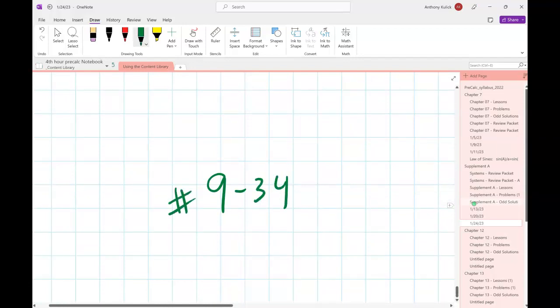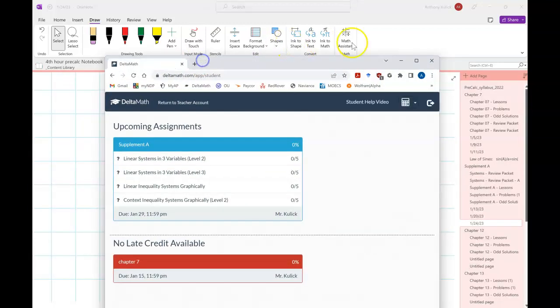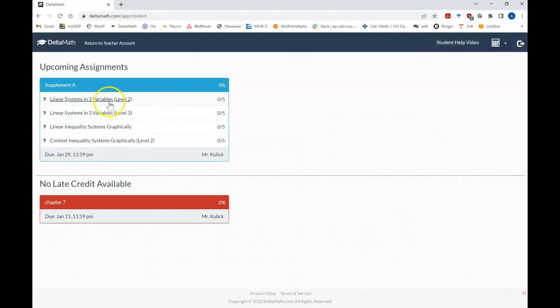So that'll be part of Sundays. And then for the rest of the period, you can either work on the problem set, or we have a Delta Math assignment also. If you want to work on that, you could work on the Delta Math assignment, also do Sunday.